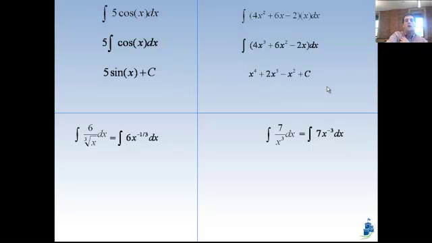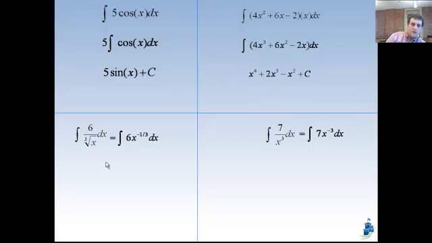Next, I've already gone ahead and done the next step of converting the cube root of x in the denominator to x to the negative 1/3, negative because it's in the bottom, and 1/3 because it's a cube root. And now all we have to do is integrate like we normally do, but in order to do that, we need to know how to add fractions. So what's negative 1/3 plus 1? Well, there are 3/3 in 1, so negative 1/3 plus 3/3 is 2/3.